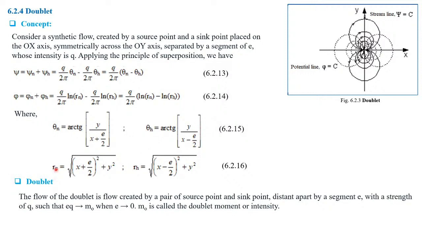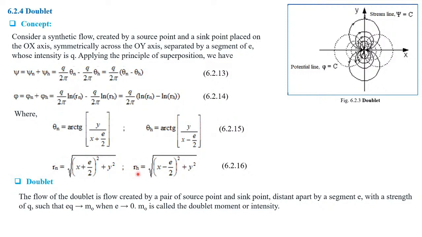And r equals the square root of (x minus x0) to the power 2, where x0 here is e over 2, plus (y minus y0) to the power 2, but here y0 is 0. So we have the formula to calculate r.